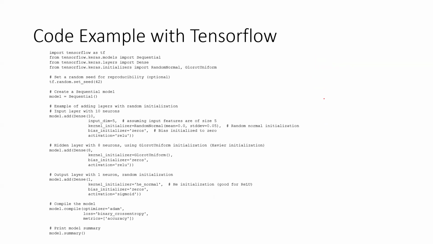So this is a simple code where you can see that we are using random normal distribution for initializing the kernel, and there are some other initialization techniques known as Glorot uniform initialization, which is based on the Xavier initialization, which we may discuss later, and which is somewhat different from the random initialization.